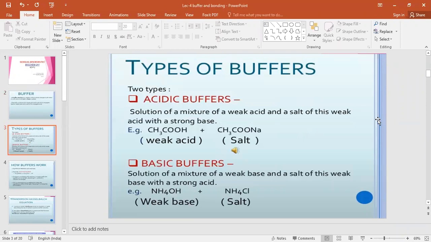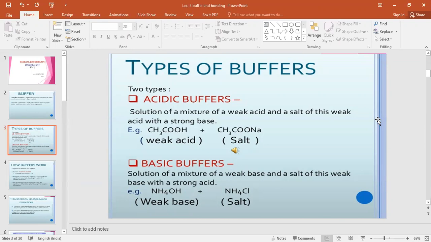Types of buffer. Basically there are two types of buffer: acidic buffer and basic buffer. What is meant by an acidic buffer or a basic buffer? An acidic buffer is a solution of a mixture of a weak acid and the salt of the weak acid with a strong base.